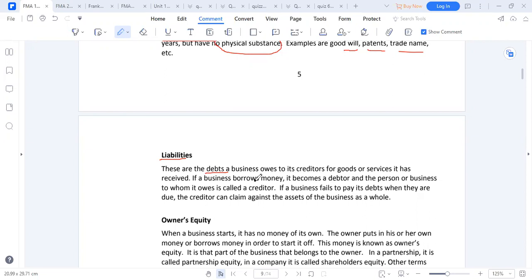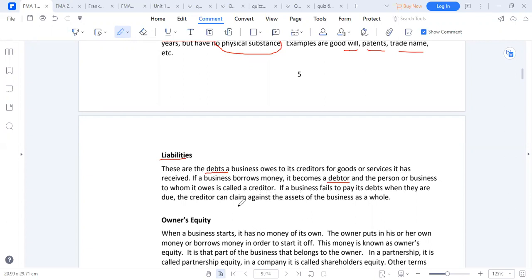You must understand that most businesses engage in trade on a credit basis. If a business borrows money, it becomes a debtor to that person, and the person or business to whom it owes is called a creditor. If a business fails to pay debts when they are due, we call them liabilities.